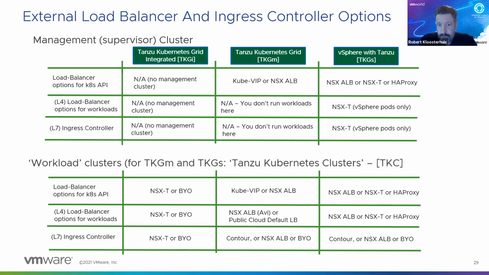And almost all versions will use the NSX Advanced Load Balancer, or the AVI controller, in some way or another. But this is shifting and changing all the time. In the last version of TKGm, they introduced layer 7 ingress using the AVI controller, where first you would have to bring your own, like Contour or something. So this is still very much in motion.